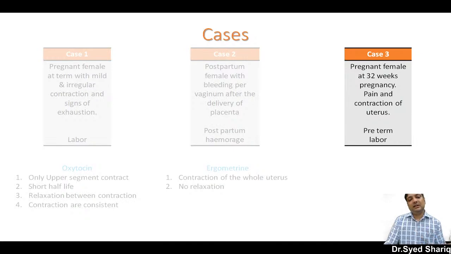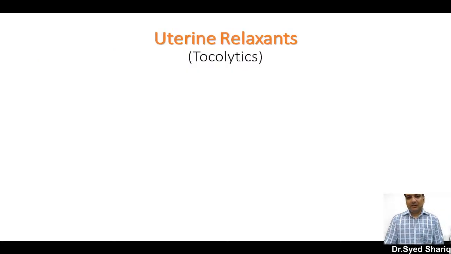You want to decrease the contractions, and you don't want these contractions to lead to cervical ripening, formation of a birth canal, or dilation of the cervix. So the kind of drug you want to give is basically the opposite of the previous two cases. These are called tocolytics.